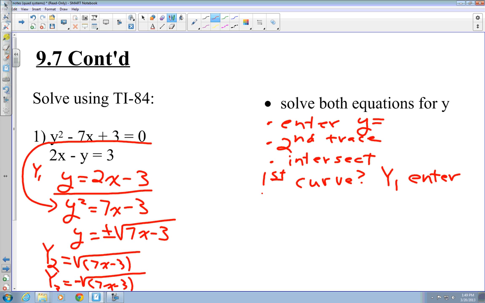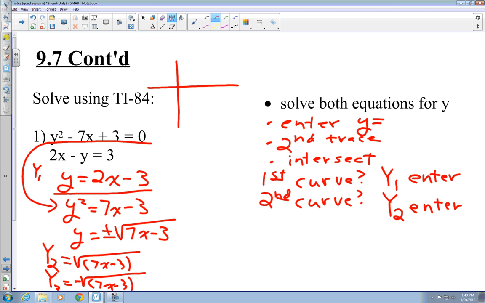And it'll say second curve. And just so we're all on the same page, let's choose y2. And say enter. The picture looks something like, let's see, your line's going this way. Something like that? Okay.